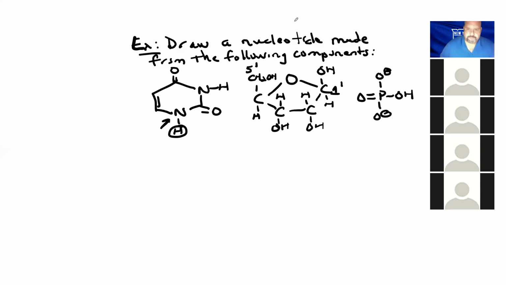We know that at carbon 1', you're going to have the link to the nitrogenous base. And at carbon 5', you're going to have the link to the phosphate group.